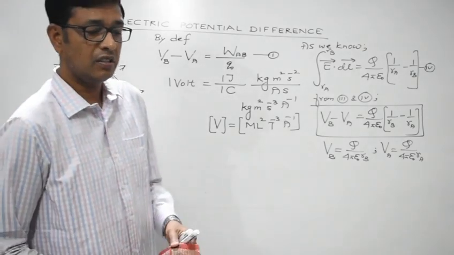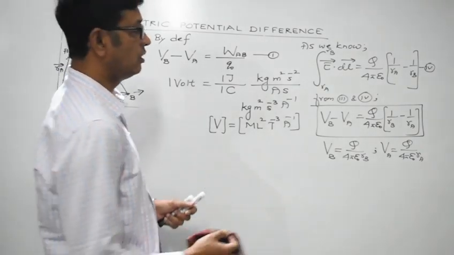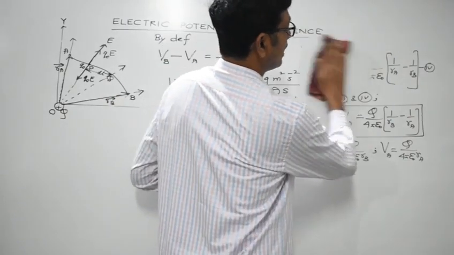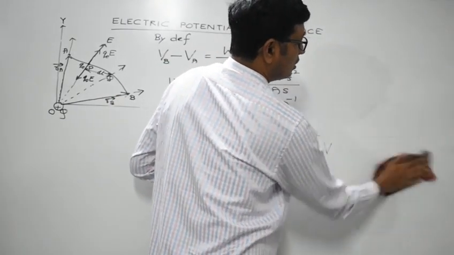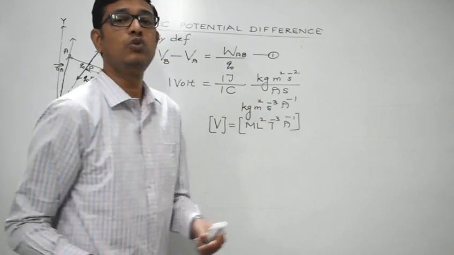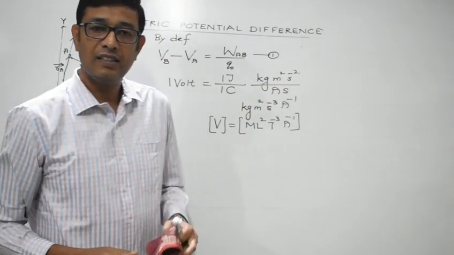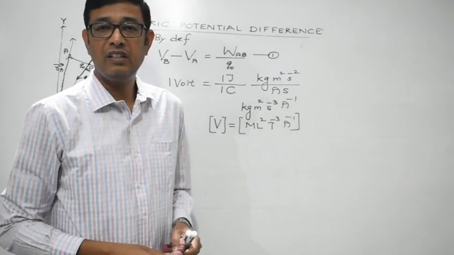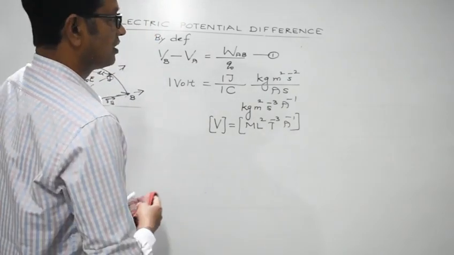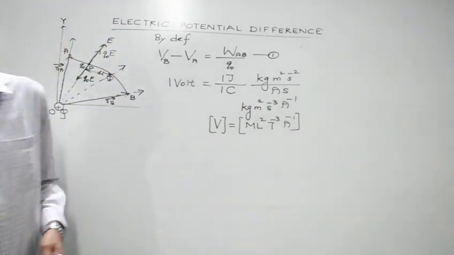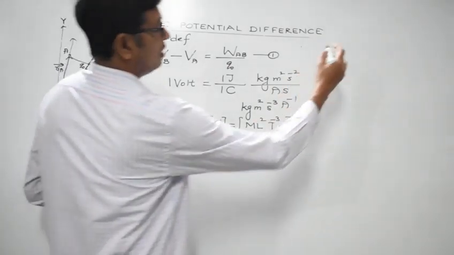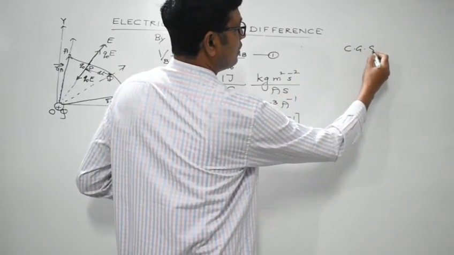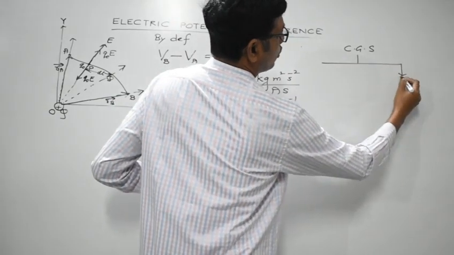Now we will discuss some other units of potential and potential difference as well. As I told you earlier, in CGS there are 2 units. One is the electrostatic unit and the other is the EMU, which is the electromagnetic unit. So let's discuss those units as well. In the CGS system, there are two units.